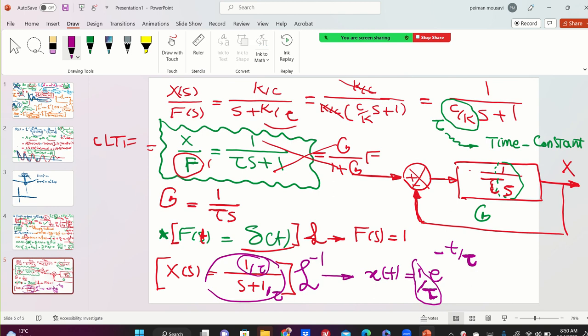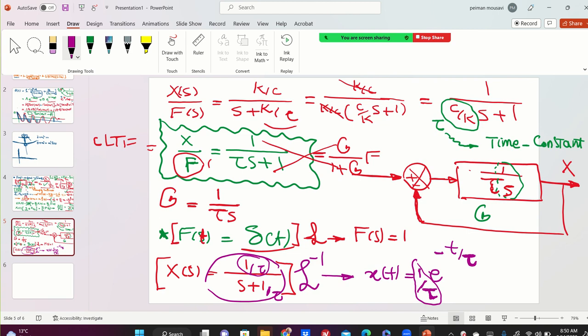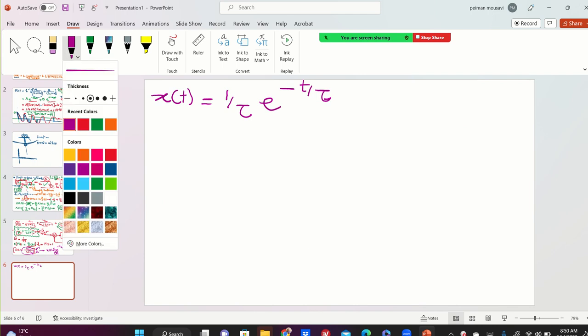So, if I go to the next page, can I? Yes, I can. Everybody? So, having the solution of the spring damper and the force as the first order system, this is the solution when your input is impulse.